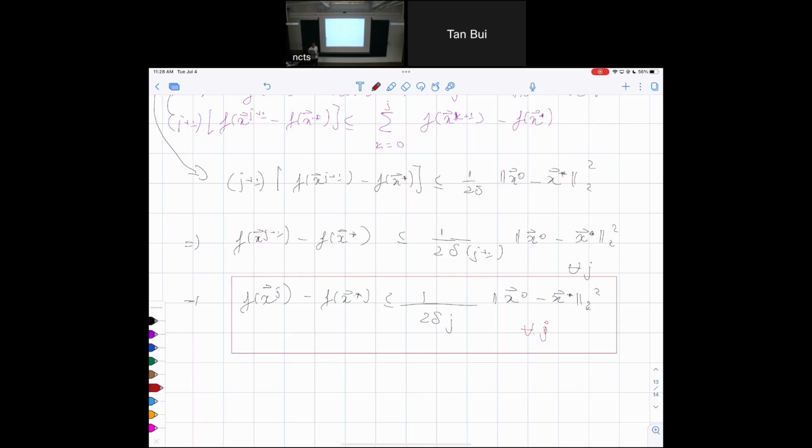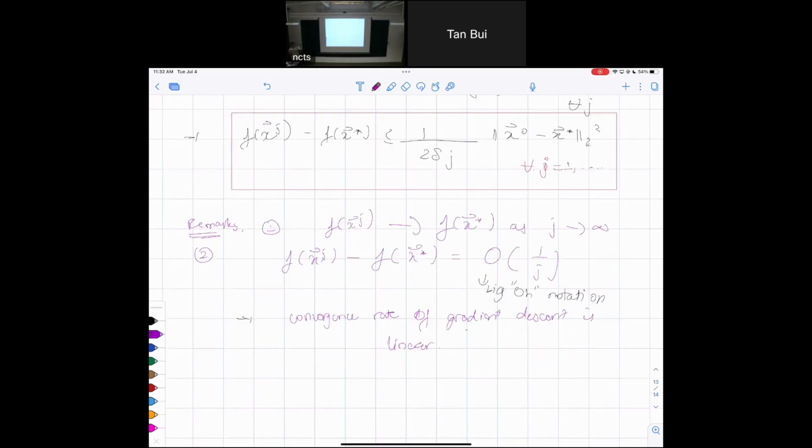We're going to talk about that later. But the main thing is that hopefully I provided you the rigorous results on why gradient descent works. Any question before we move on?